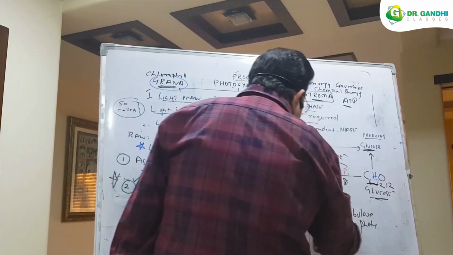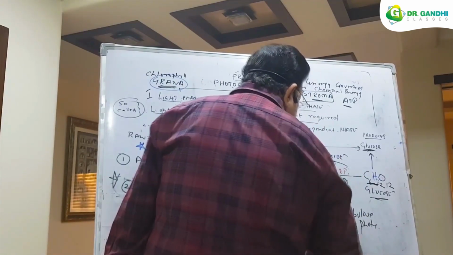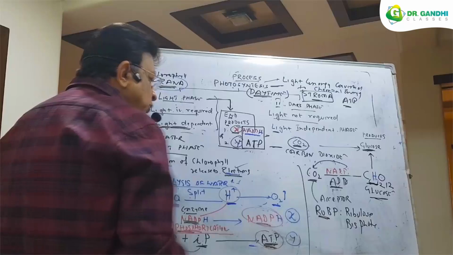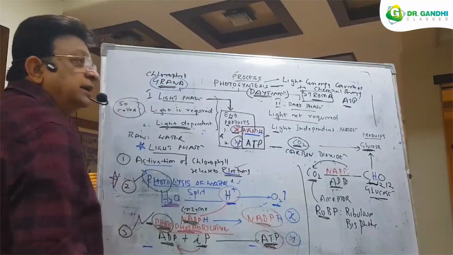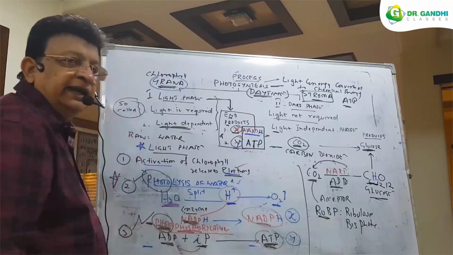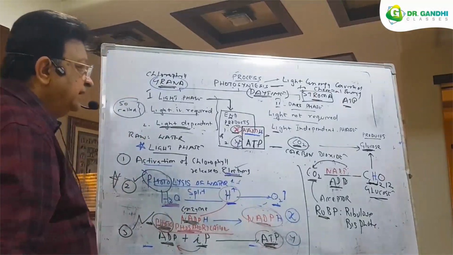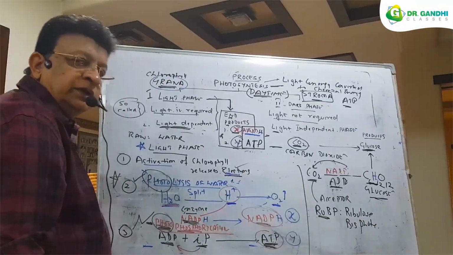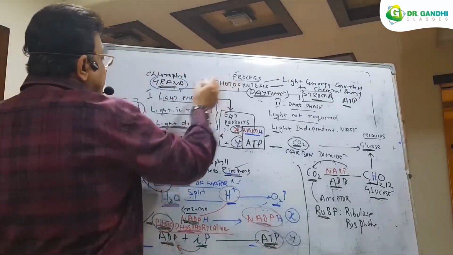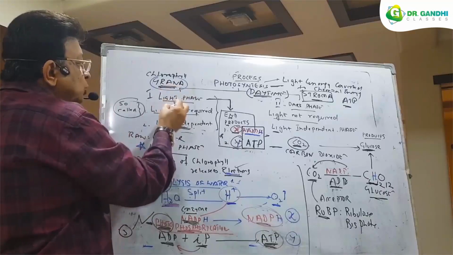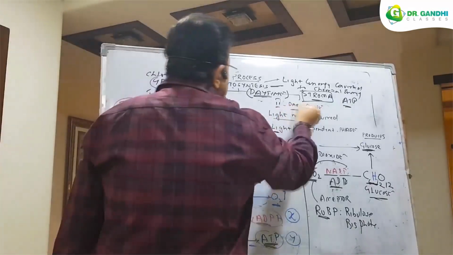So name the carbon dioxide acceptor in dark phase: RUBP. Name the hydrogen acceptor in the light phase: NADP. Okay, so that takes care of the process of photosynthesis. I begin again. The process of photosynthesis occurs in two parts, light phase and dark phase.